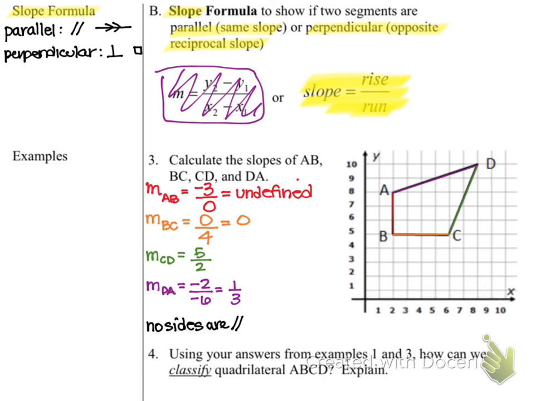Perpendicular. Yeah, actually, we do have perpendicular. We've got the oddballs here. So, as a reminder in the margin here, undefined slope and 0 slope, those are perpendicular lines.